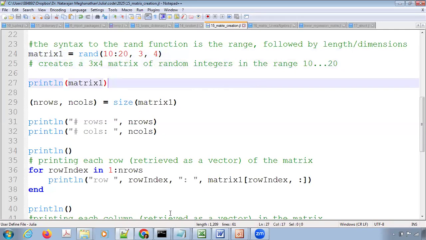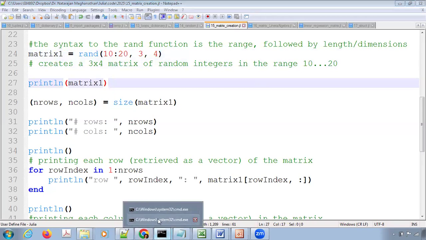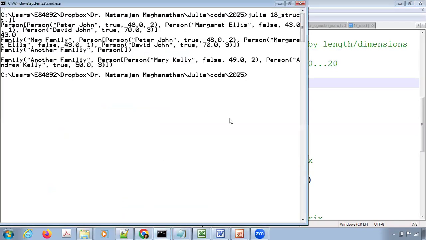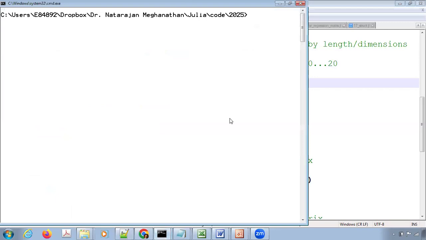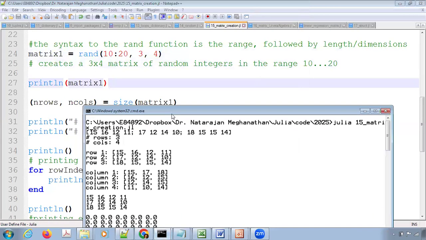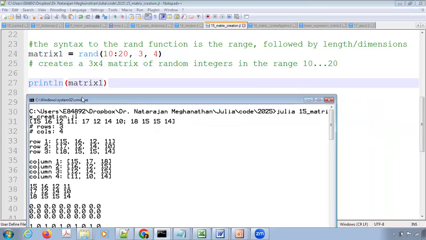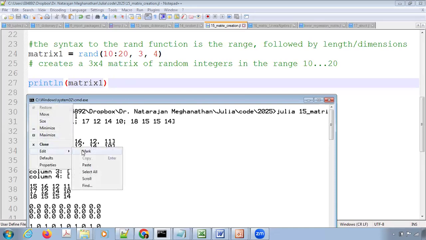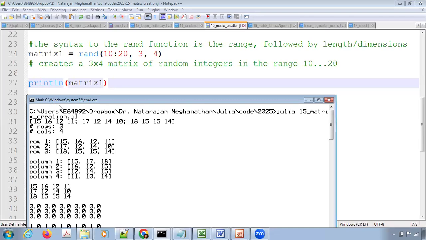Okay, so let me print it and then we'll go over the output. If you look at how println prints this matrix1, which we just created as a matrix of random integers, this is how it gets printed. 15, 16, 12, 11 is the first row.